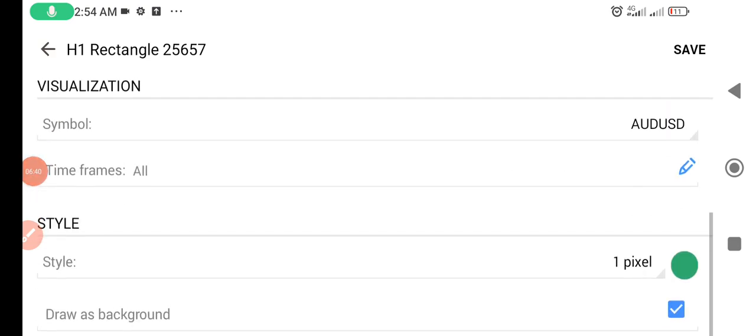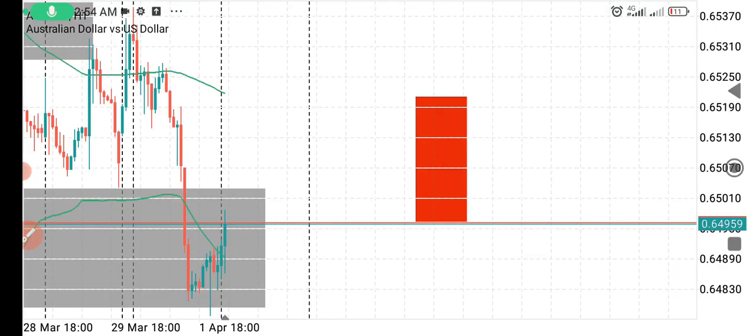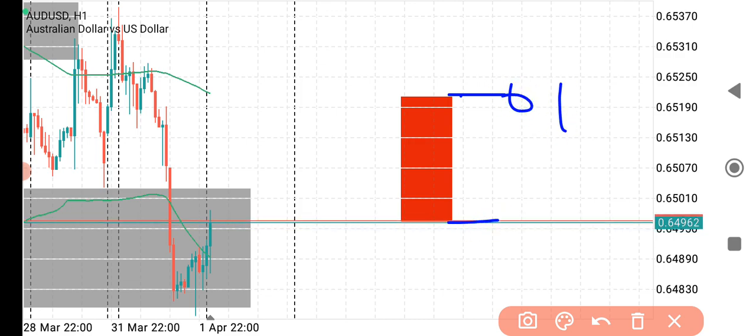Let me make it red so that we assume sellers won because it is now a bearish candle. This is the open of the candle, and this is the close of the candle.